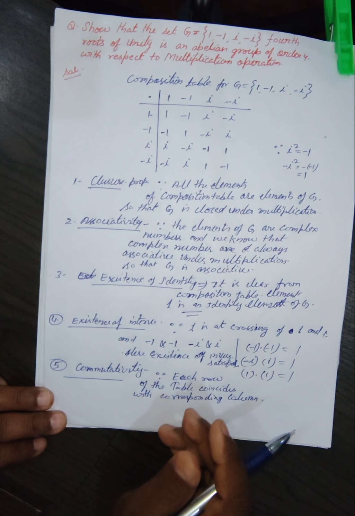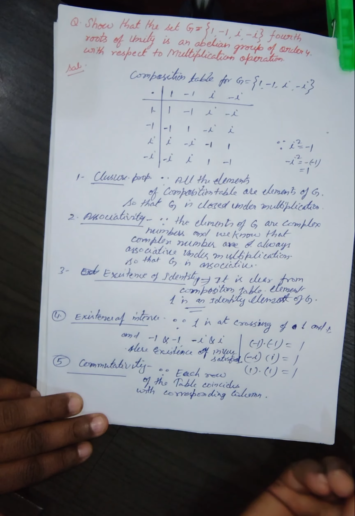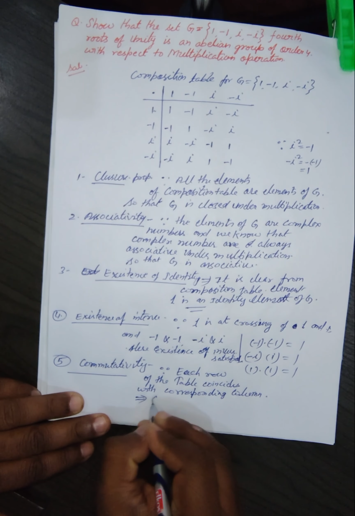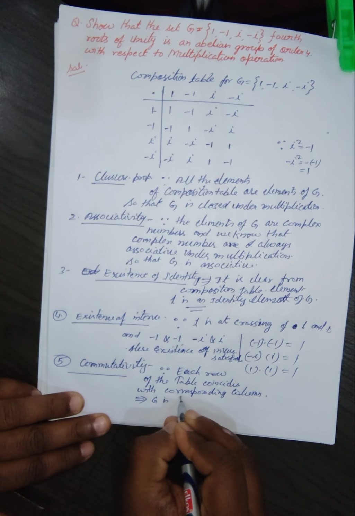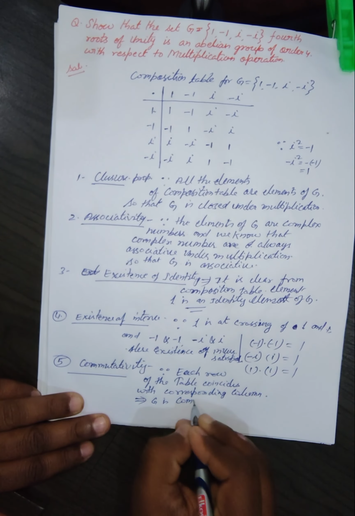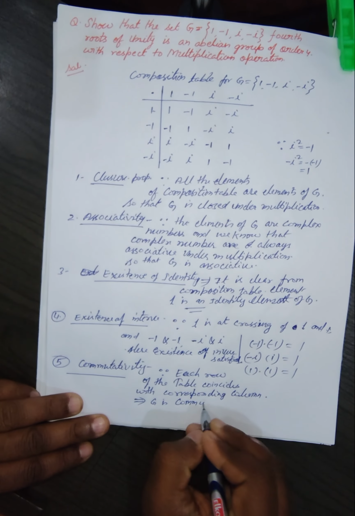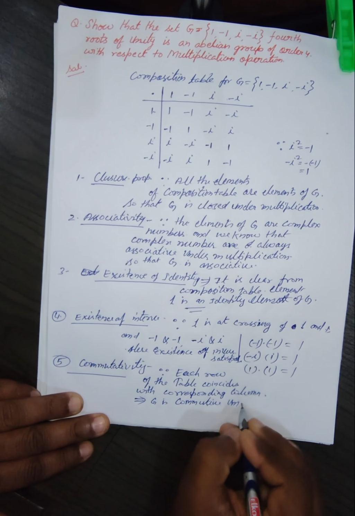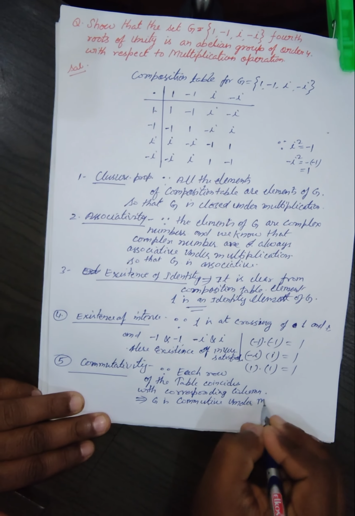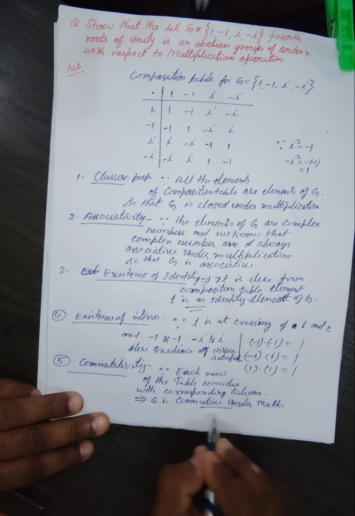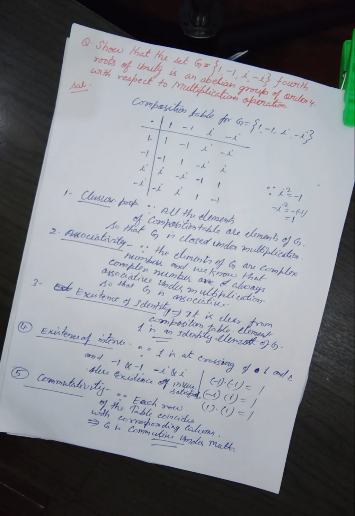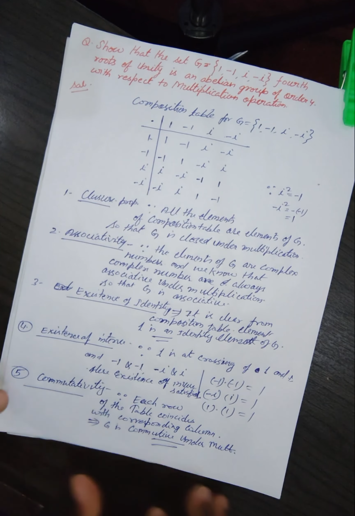So it follows that multiplication in G is commutative. It implies G is commutative under multiplication. Here all the axioms to be an abelian group are satisfied for the given set G.